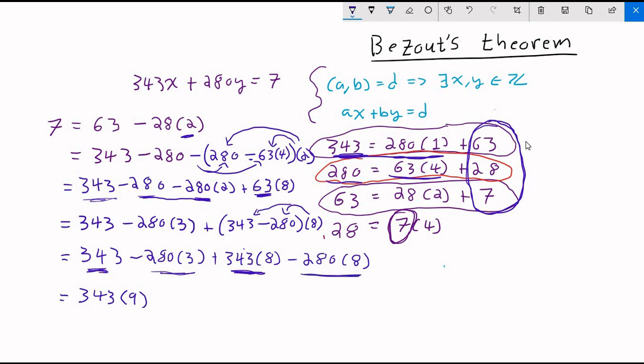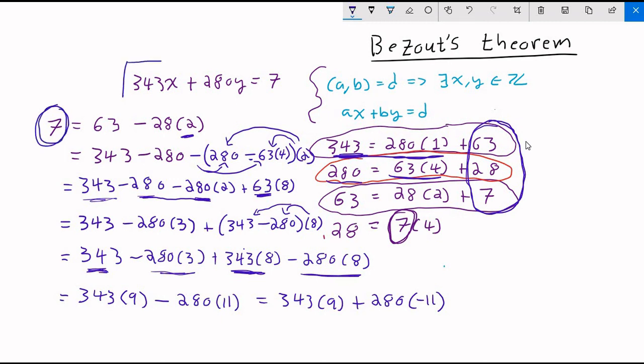So altogether I have negative 280 multiplied by 11. Rewriting this slightly, I get that 343 multiplied by 9 plus 280 multiplied by negative 11. Well, this is equal to what we started with on the left-hand side, 7.